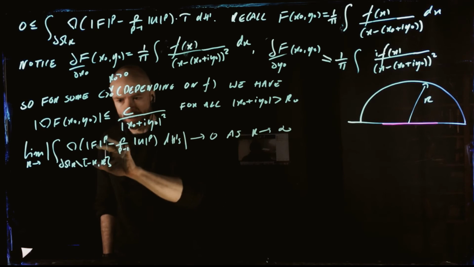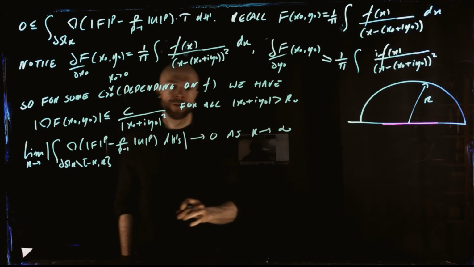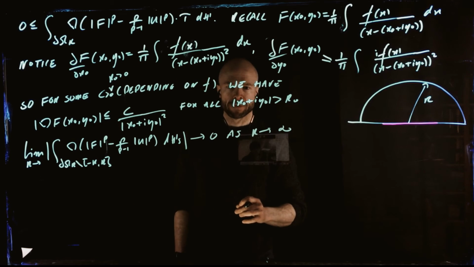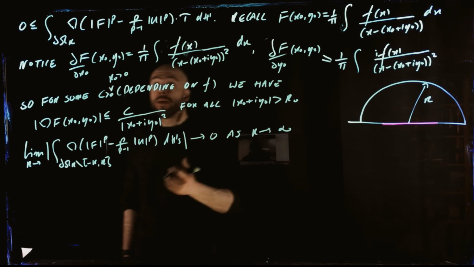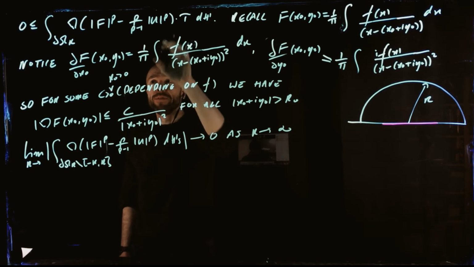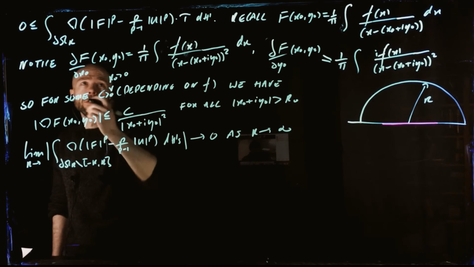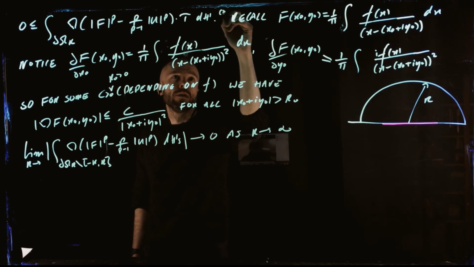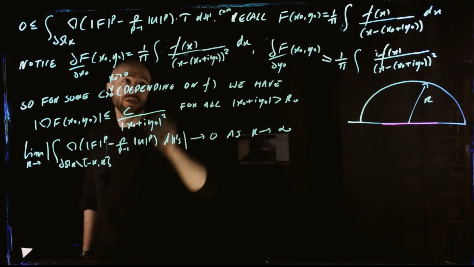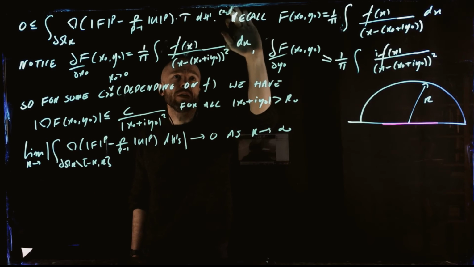Oh, sorry, like this thing is decaying like 1 over r squared. Everybody happy with that? You guys happy with that? Yeah? So in the limit as r goes to infinity, then this integral right here, let's call this thing star. We haven't used it yet.